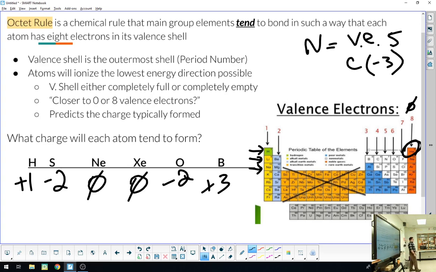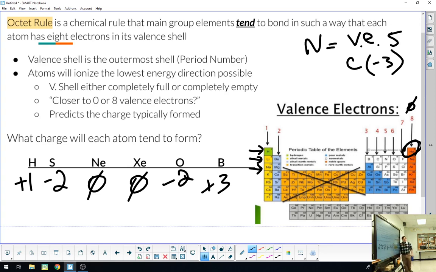Helium. How many electrons does helium have? What's the atomic number of helium? 2, so it can't have 8. How many electrons make the first shell full? Count across. 1, 2. Follow me there? So the first shell only can hold 2 electrons, which is why helium's on the far right side.